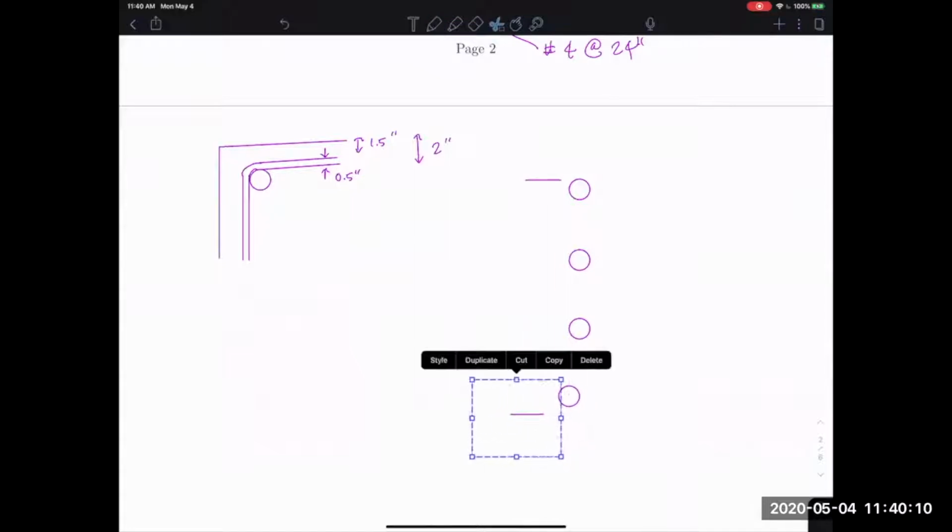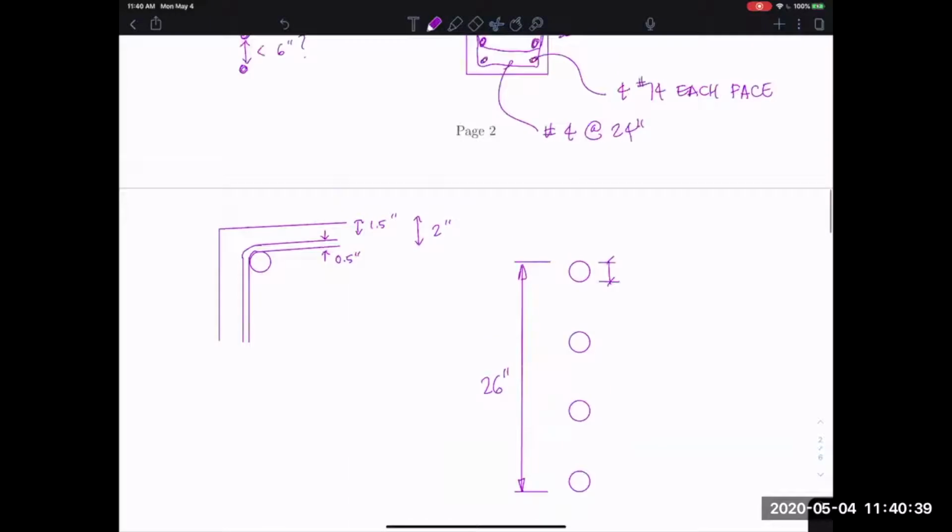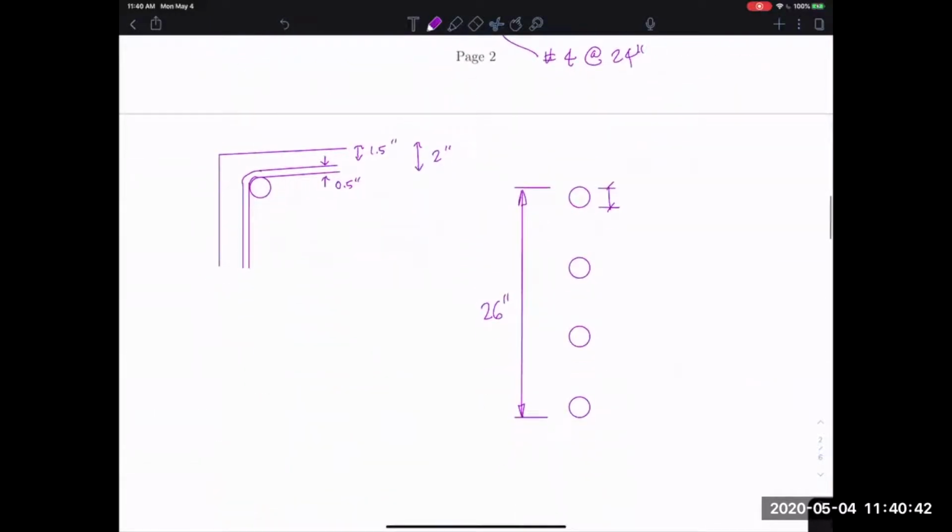So from the outside to the outside of these things, that distance here is 30 inches overall, 2 inches on both sides. So that's 26 inches, right? Each of these has a diameter of 1.693 inches. So we have 4 of those, right?